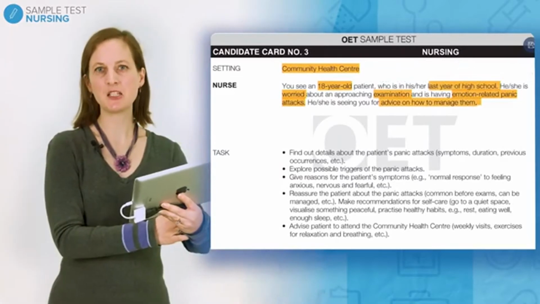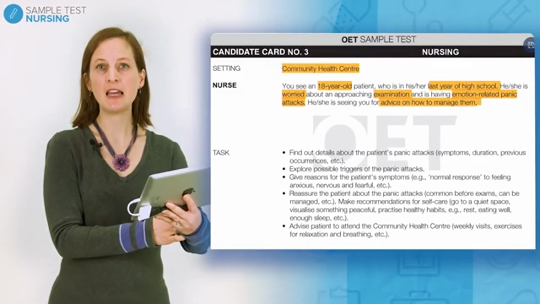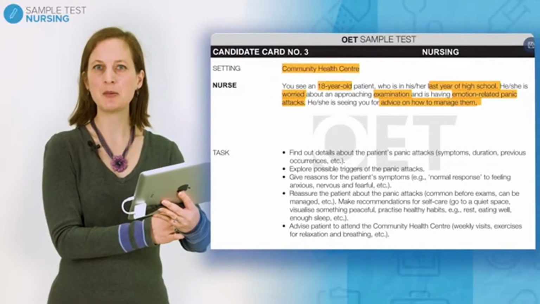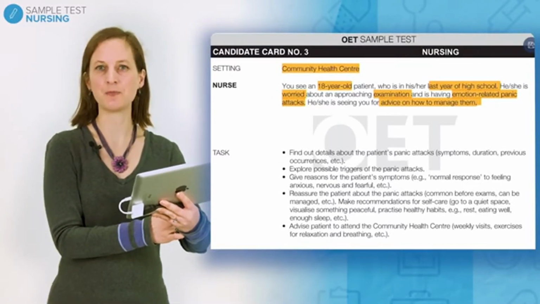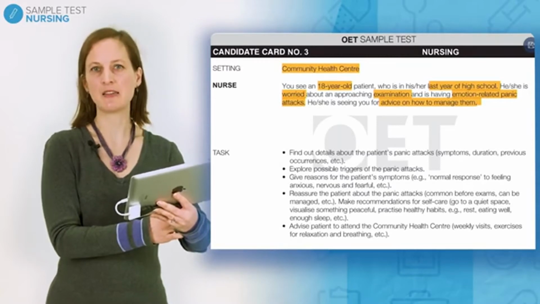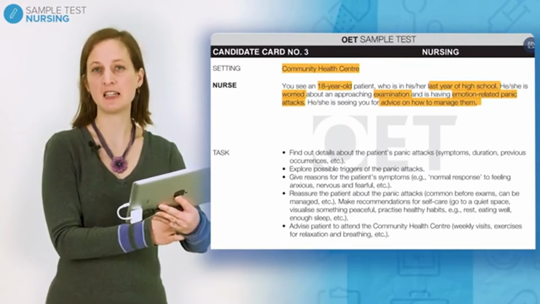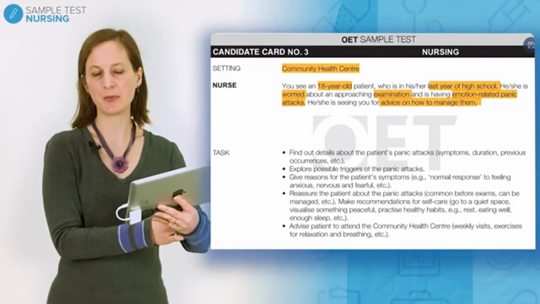This tells me that the situation is very time critical, in that the patient needs support to enable them to function to their usual high standard in an exam which is important to them. I need to demonstrate that I am taking their concerns seriously and have some easy strategies to help them.